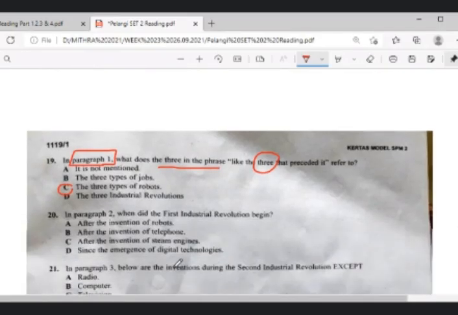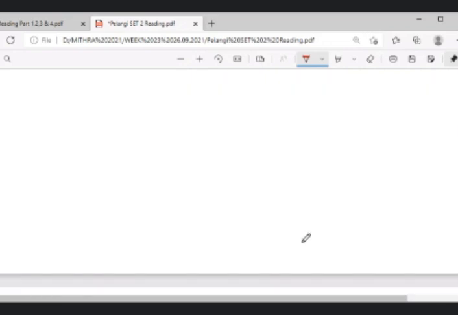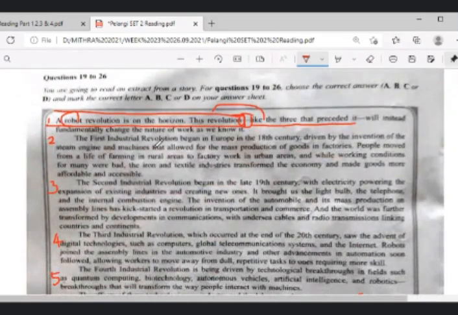Number 20 is in paragraph 2, so you have to read paragraph 2. When did the first industrial revolution begin? Now let's go to paragraph 2. The first industrial revolution began in Europe in the 18th century, driven by the invention of the steam engine and machines that allowed for the mass production of goods in factories.